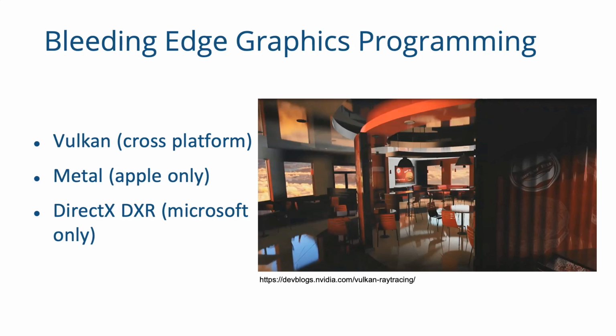And the development of all these things has pushed performance of graphics APIs to really new levels that allow them to do things like ray tracing now in real time. So for example, on this slide, you can see an image that has very nice illumination, lighting, reflection, and so on. This has been done using the Vulkan ray tracing API.